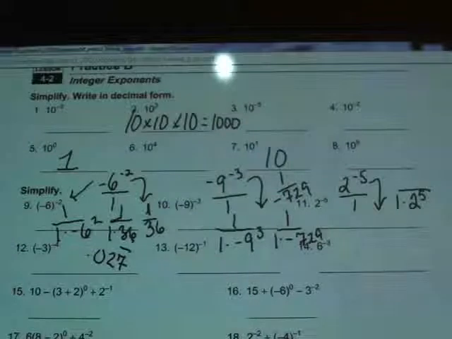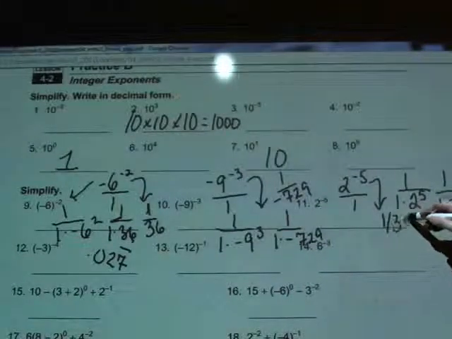And since the top was left vacant, that's going to become a 1. All right, so we'll simplify that. 2 to the fifth. 2 times 2 is 4, times 2 again is 8, times 2 again is 16, times 2 again is 32. So this is 1 over 1 times 32, or 1/32.